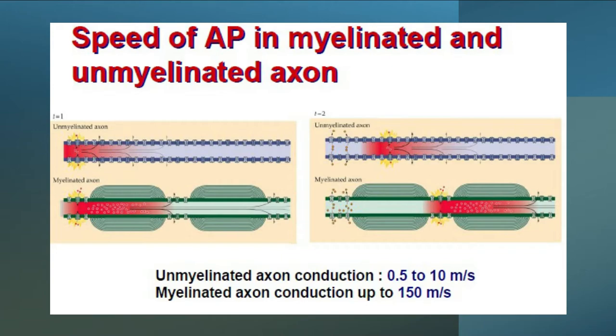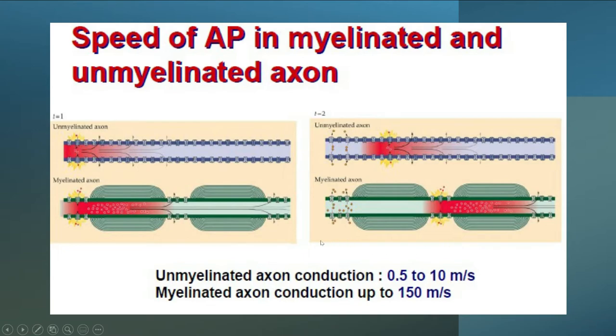In this picture, you can see there are two fibers in figure 1, an unmyelinated fiber and a myelinated nerve fiber. They are both stimulated at the same point. In the second picture, you see the unmyelinated fiber has conducted only a small distance. However, in the myelinated nerve fiber, the conduction is much greater, meaning it is far away from the start of stimulation.